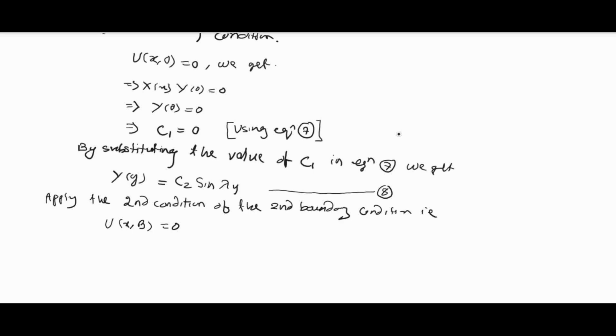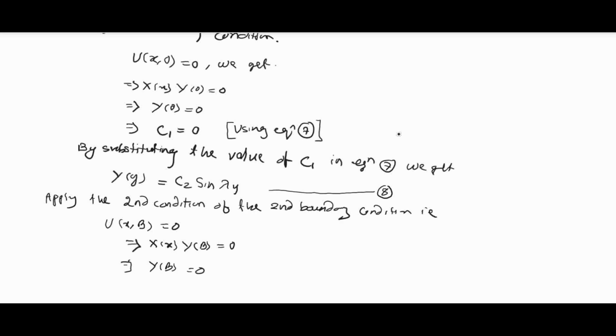What does it mean? That implies X x and Y at b equal to 0. So as already we discussed, X x can't be 0. That implies Y b equal to 0.